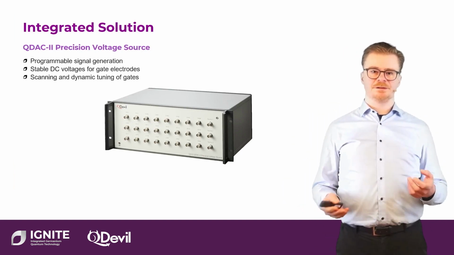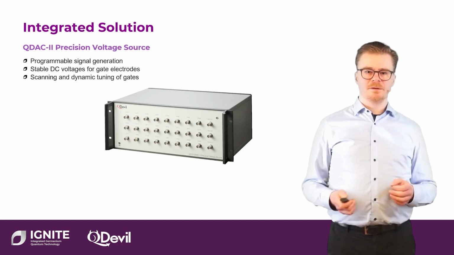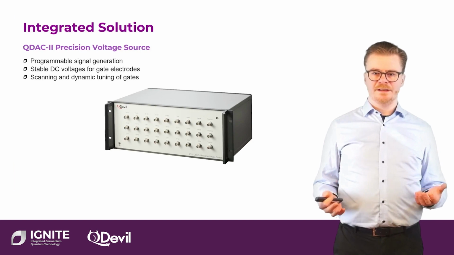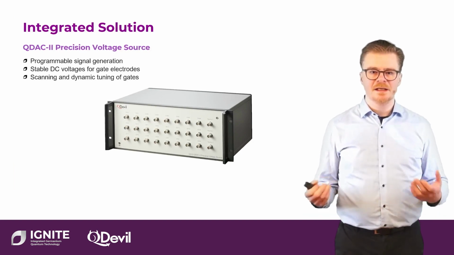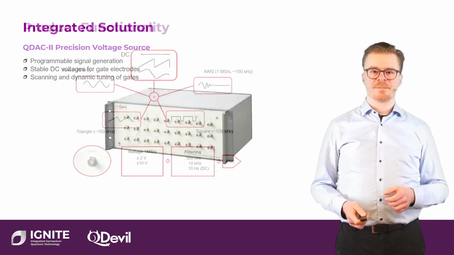So what is this? It's a program and signal generator with 24 channels, stable DC voltages for adjusting gate voltages, but also a high dynamic capability of 1 megasamples per second, enabling it to do scanning and dynamic tuning of gates.